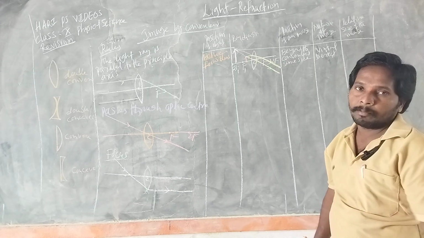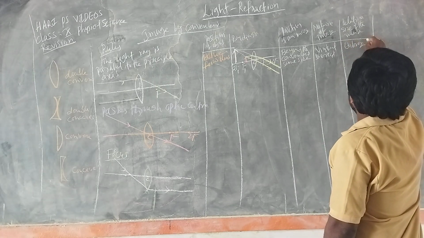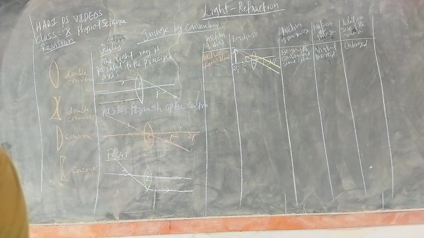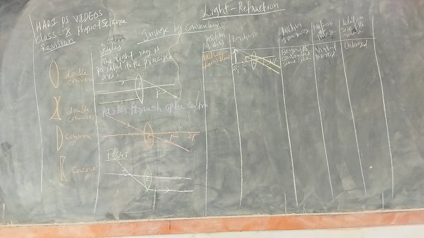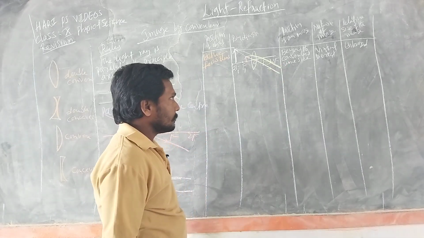Relative size: enlarged image of an object is formed. So when the object is placed between the optic center C and the focus, the image is formed behind the object, virtual and erect, larger than the object, highly magnified or enlarged.